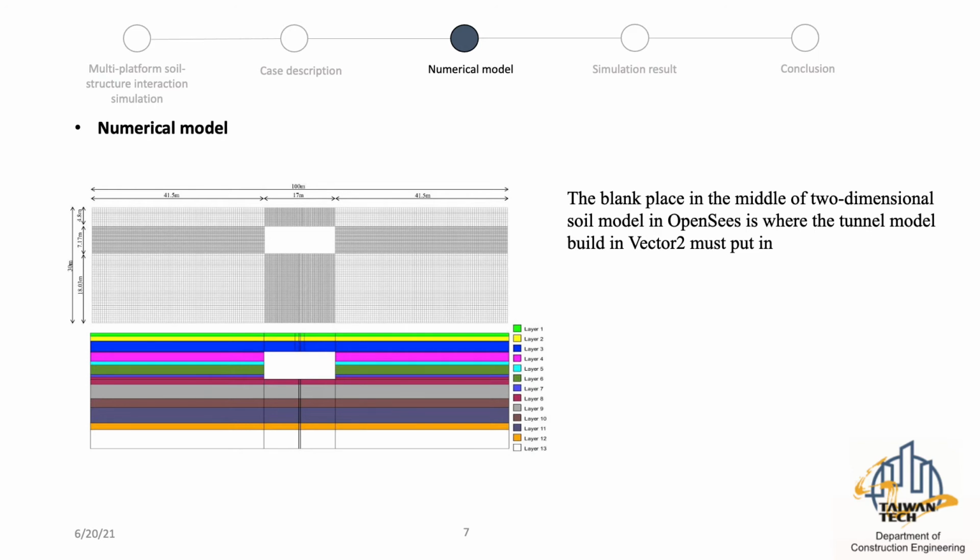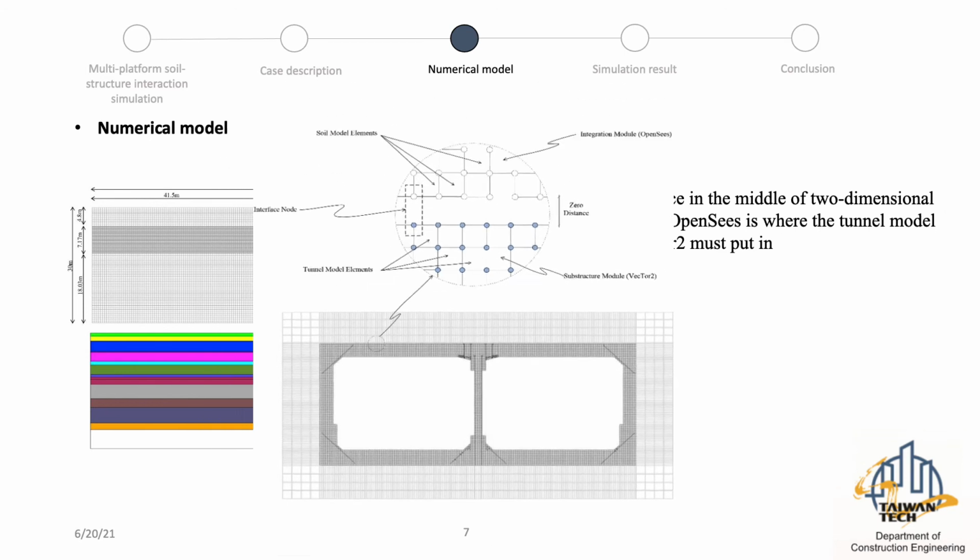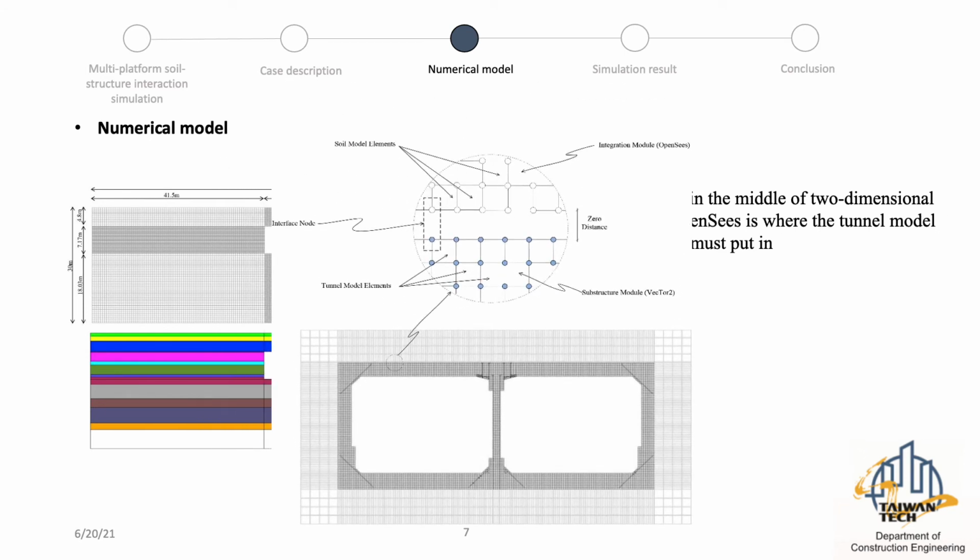After the tunnel and soil models are established in Vector 2 and OpenSees, the model will be integrated, and the integrated model is shown here. We can see that there are some interfaces between the OpenSees and Vector 2 models that are located along the tunnel perimeter.